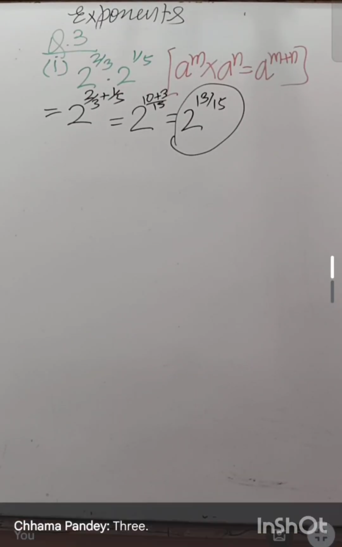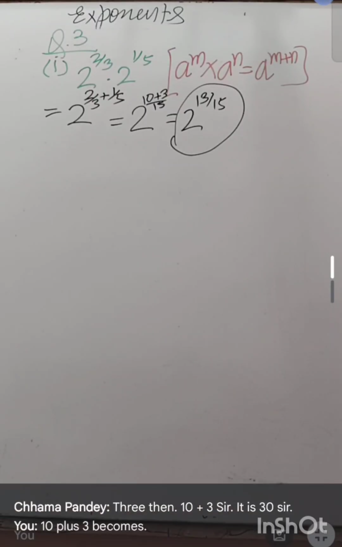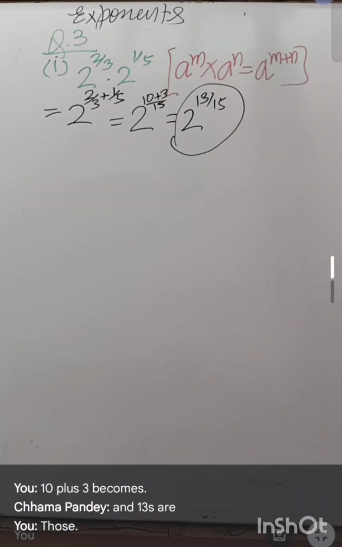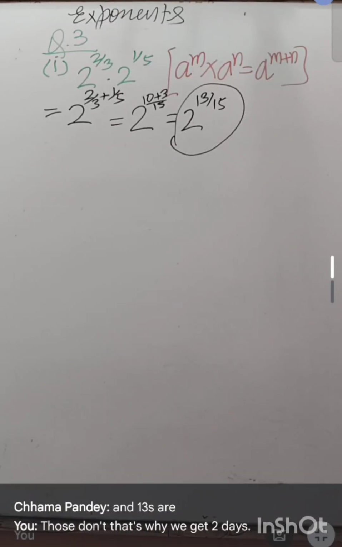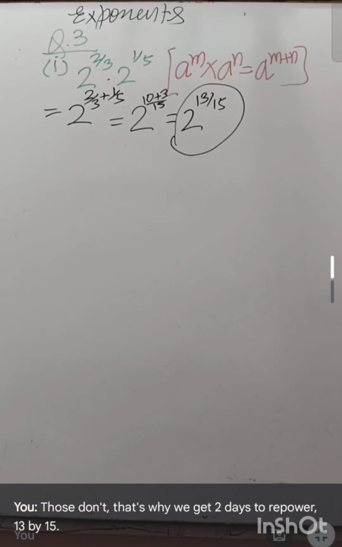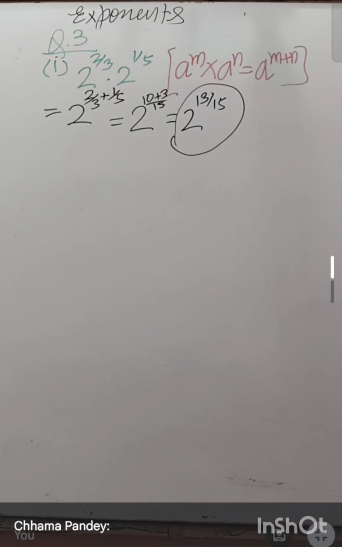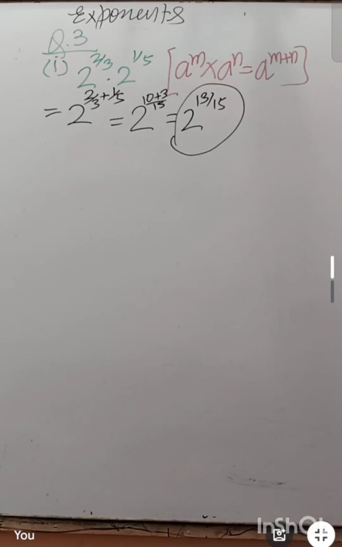Sir, it is 30, sir. 10 plus 3 becomes 13, sir. So that's why we get 2 raised to the power 13 by 15. Understood, sir. Okay.